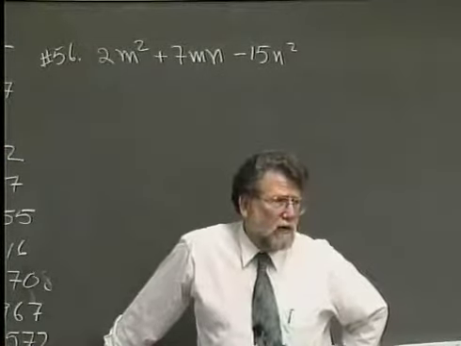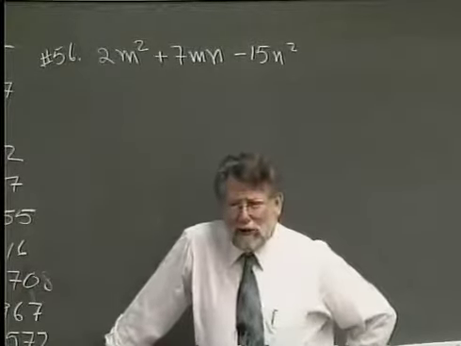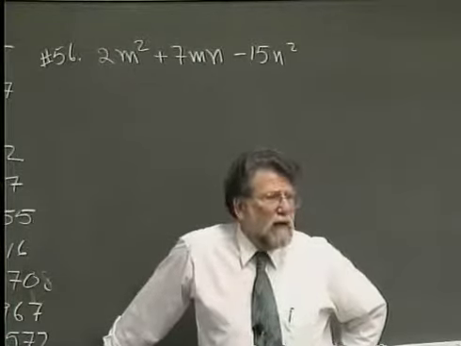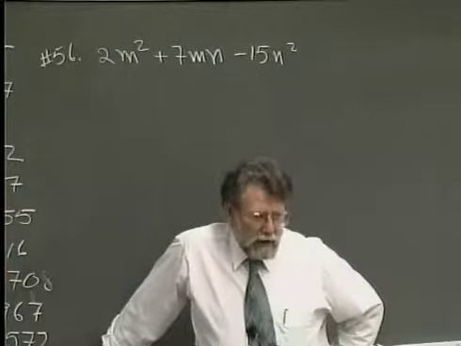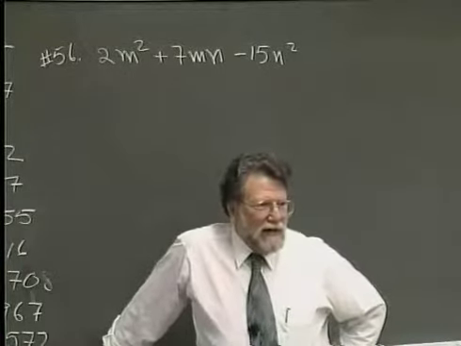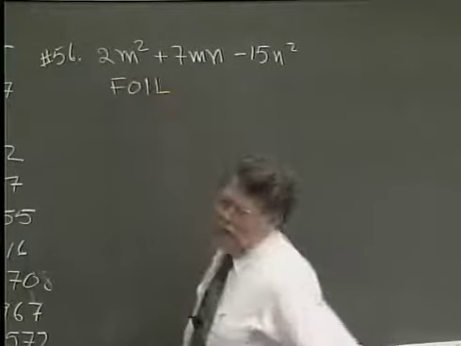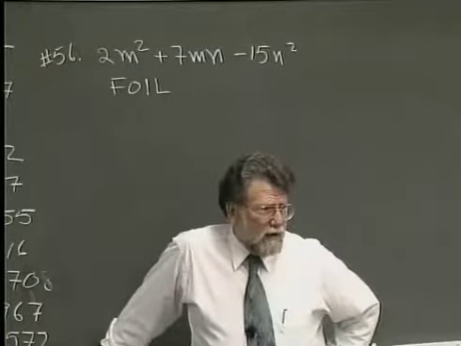No, because I have too many terms. Is it the difference of squares? No, too many terms. Is it the sum of squares? No, too many terms. Is it 4 terms where I have to use grouping? No. When all else fails, FOIL. If nothing is recognizable, then you go to the court of last resort. Try to make it work.